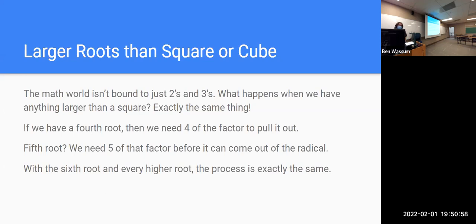If I have a cube root, I'm pulling out 3 of the factor. 4th root, you have to have 4 of the factor to pull out. 5th, you need 5. 6th, you need 6. 100th root, you need 100 of a power. If I have the 100th root of 5 to the 100th power, it's a 5. Like it just works.